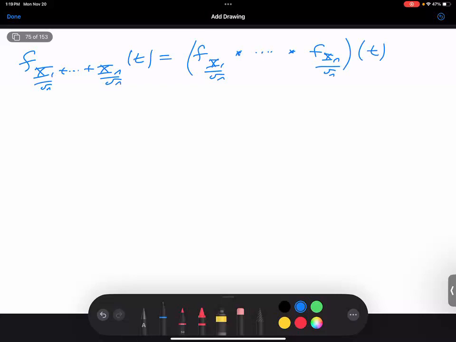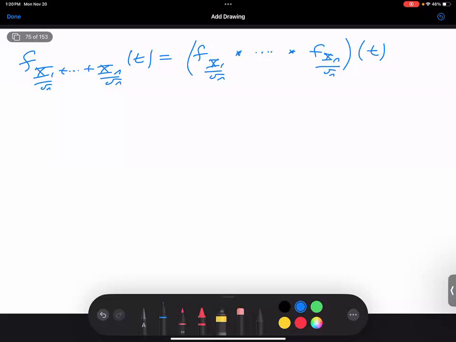Now, how do I understand this? Well, all you need to do is put in what f is, do the n-fold convolution, take the limit as n goes to infinity, and notice that it converges to the Gaussian. Good luck, right? Now, all of these f's are the same, but this is going to be an n-fold integral. You do not want to do an n-fold integral and take the limit.